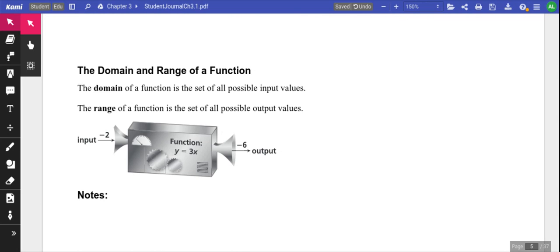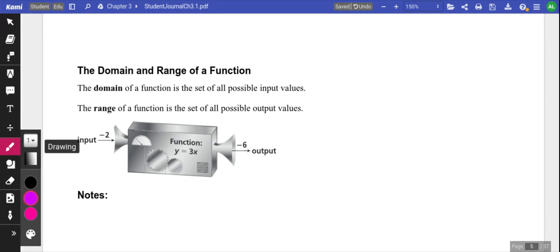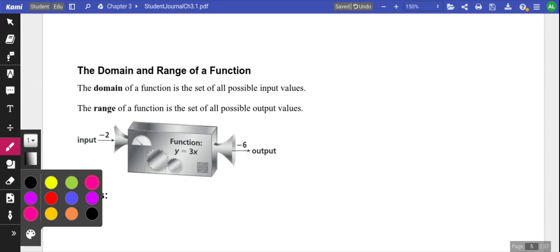Okay, and then here we're talking about domain and range. A lot of times it likes to describe these functions as these little machines, as these input and output machines. Your input is what you're plugging in to whatever function, and the output is what comes out.